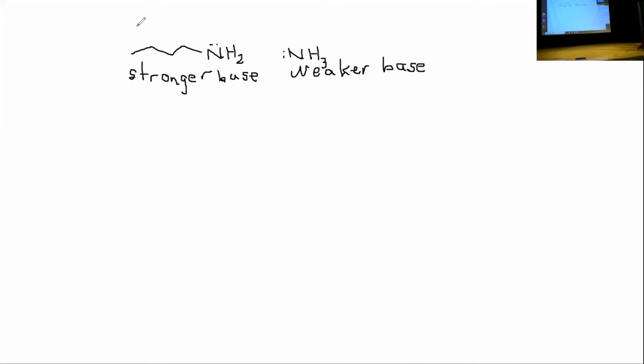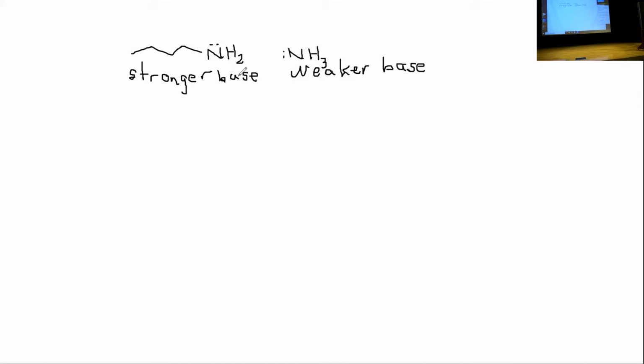So that's now sitting around this nitrogen, dumping a little more electron density onto the nitrogen. That makes this lone pair on nitrogen that much more willing to reach out and react with either H plus or even with an alkyl group in an alkylation reaction.